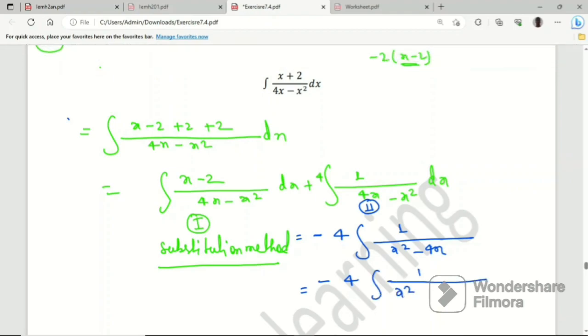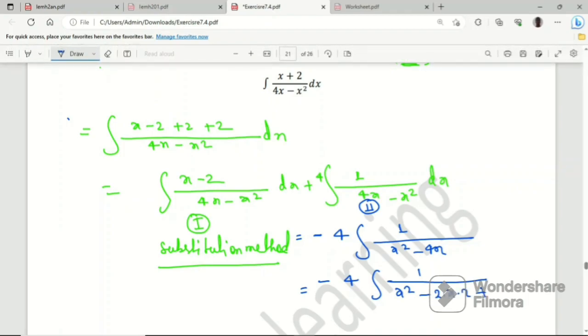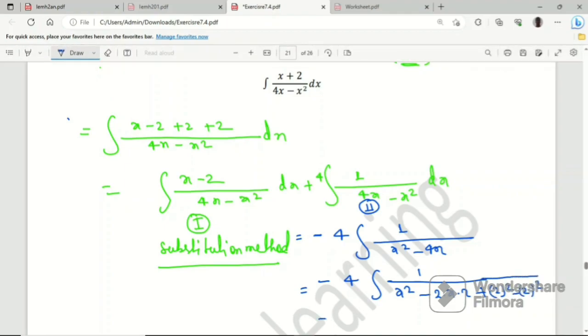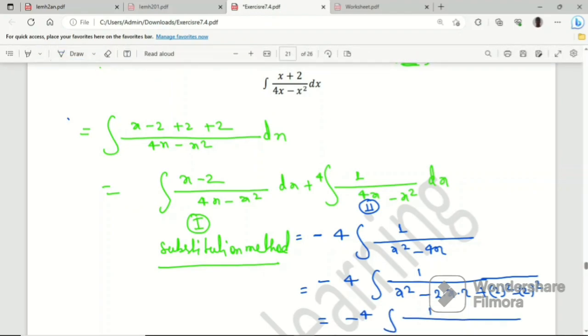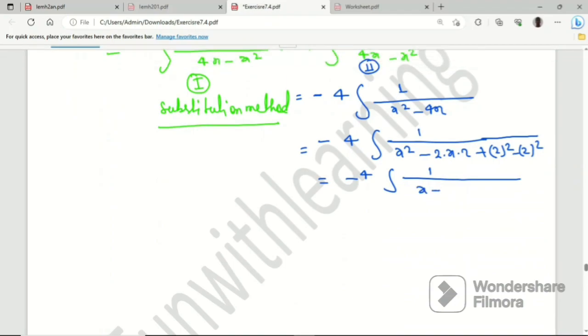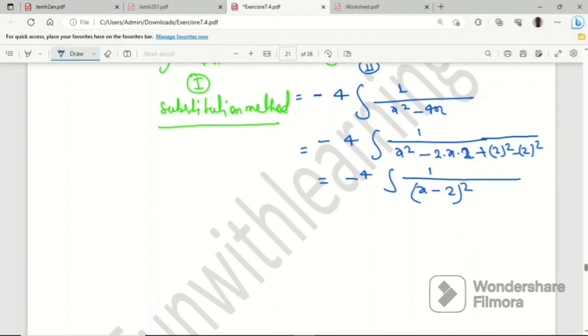A square minus 2 into a into 2 is there. So again I need to write 2 square, I need to subtract also 2 square. So I will have minus 4 into 1 upon x minus 2 whole square minus 2 whole square.